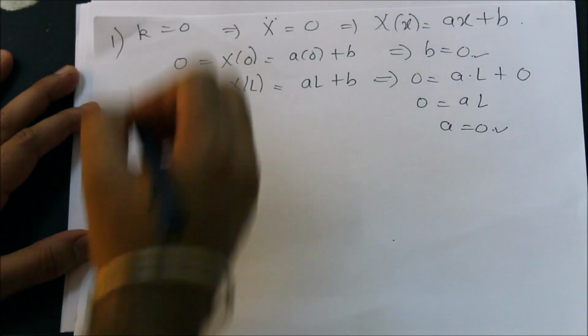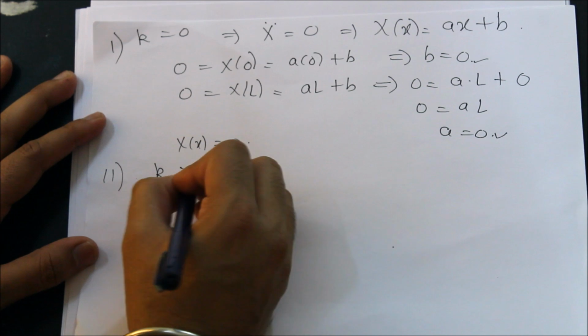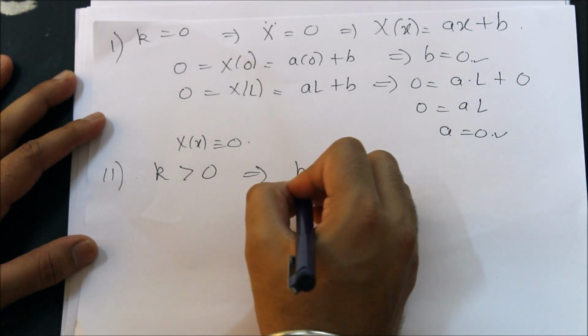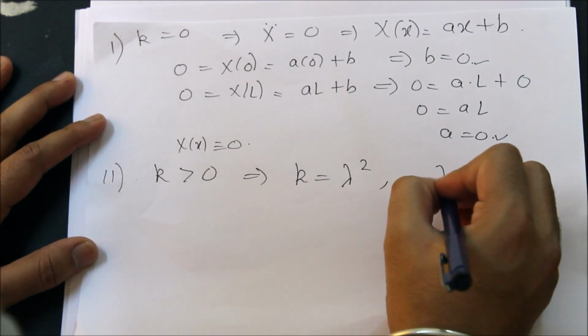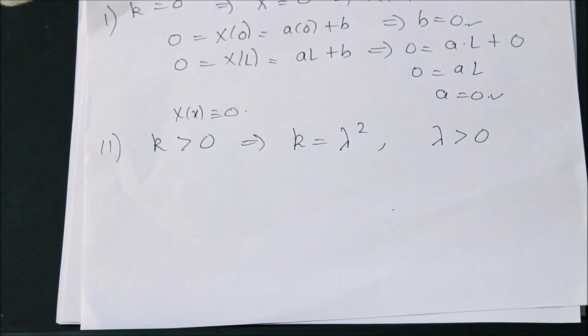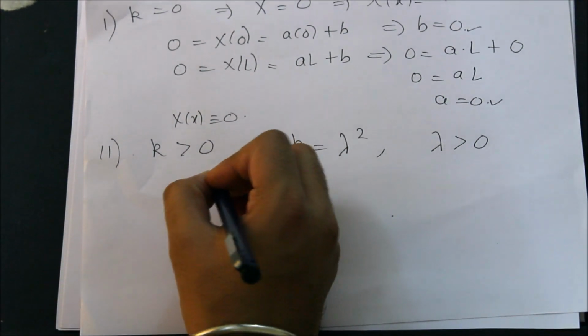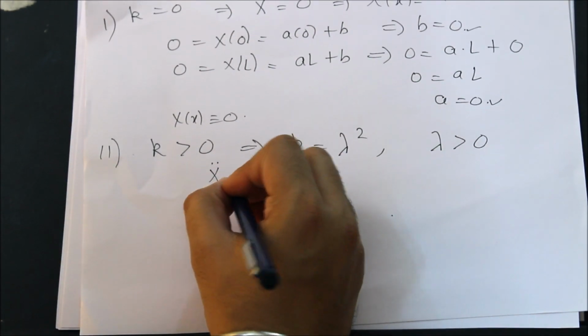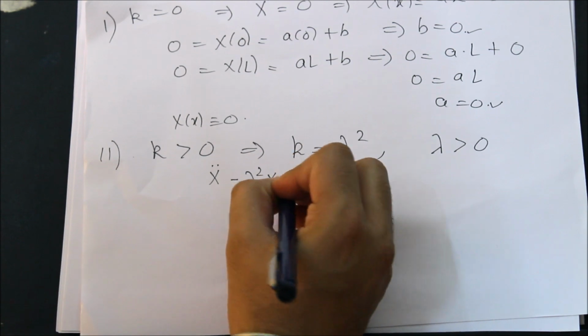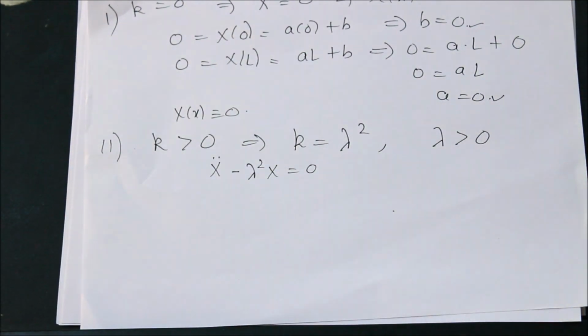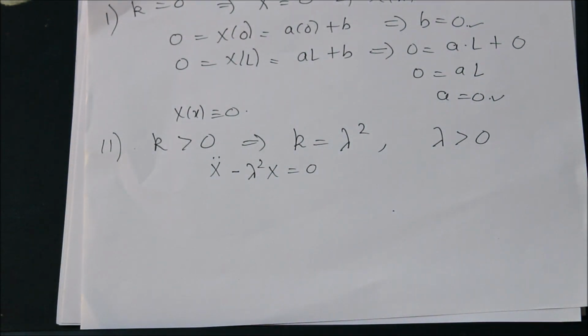Second case, this was my first case. Second case, suppose my k is strictly greater than 0. So let's call k equal to some lambda square, where lambda is also positive. You can always write a positive real number as a square of a real number. So when this is the scenario, we have x double dot minus lambda square x equal to 0. This is nothing but a second order linear ordinary differential equation.